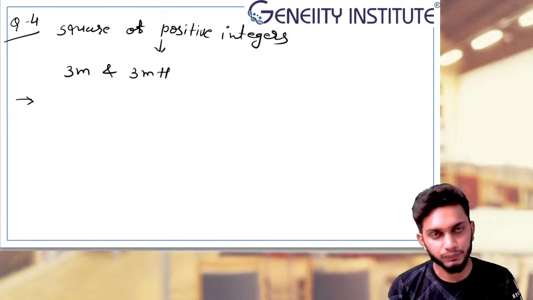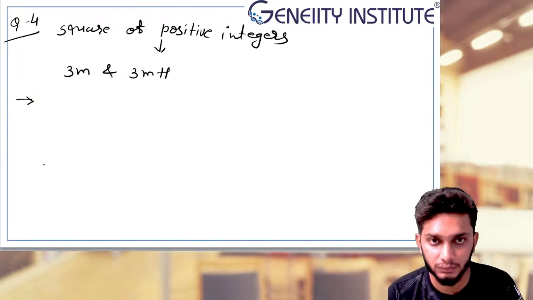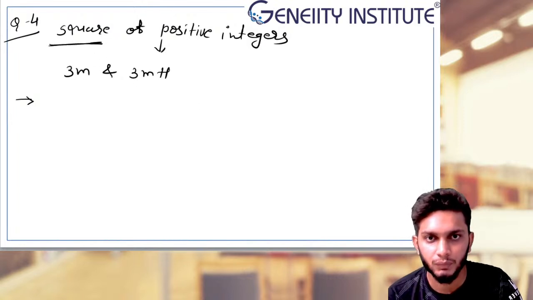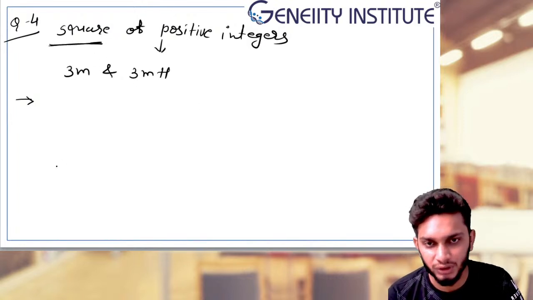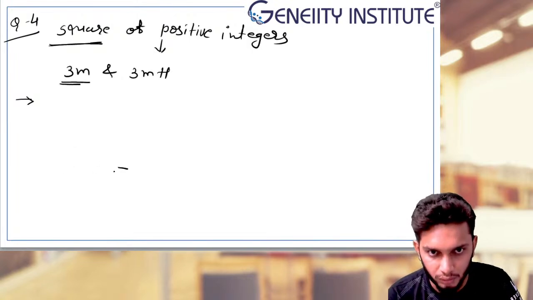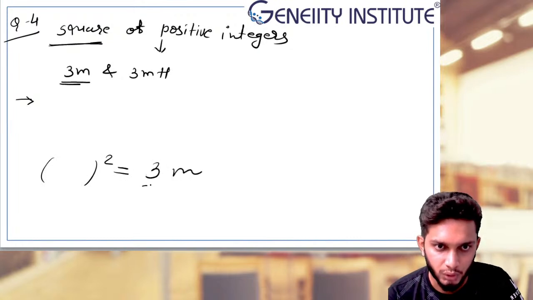So first of all, if they don't write that, then what do we do? The square of any positive integer should be in the form of 3m. So we want the square in 3m form.